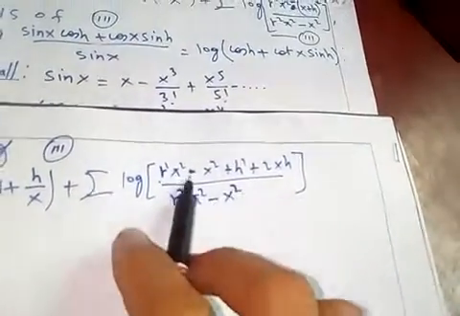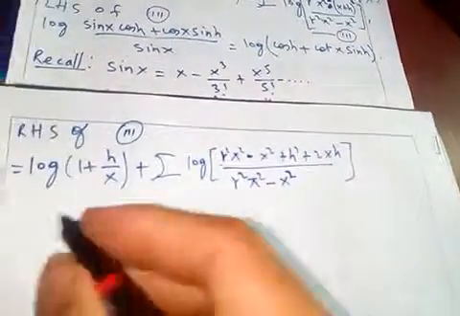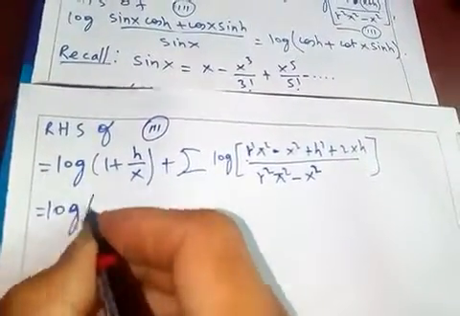Now these two are the same thing, isn't it? r square pi square minus x square is also the same thing, so we can simplify it.